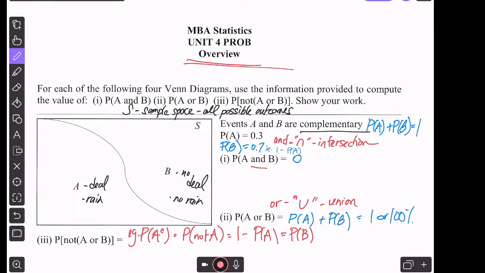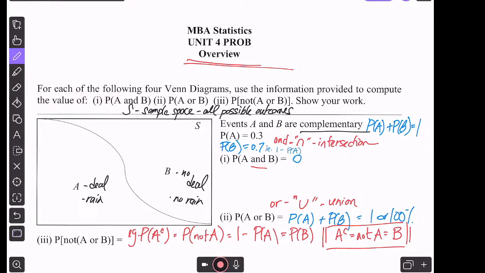I could also say AC is equal to not A is equal to B in this case. Okay? These are all the same thing.